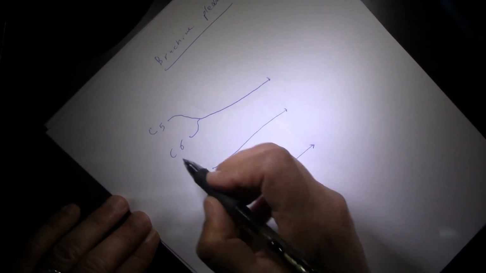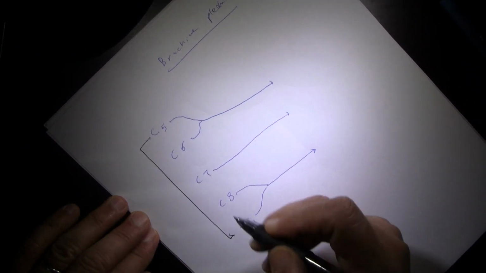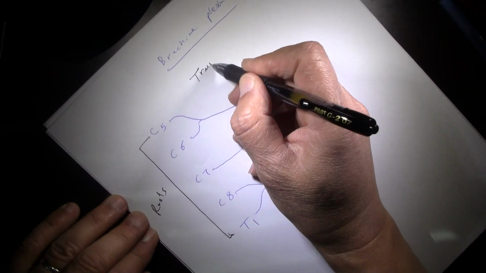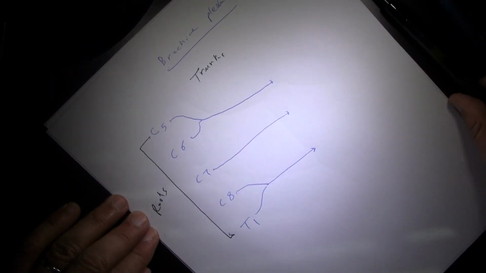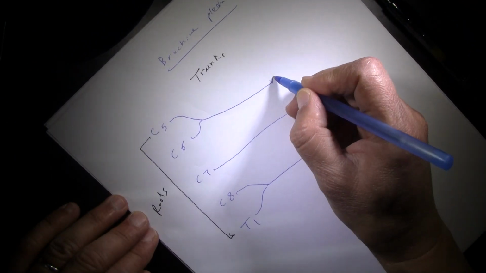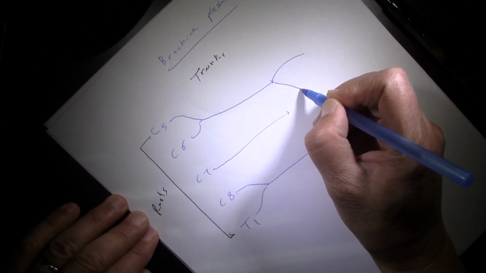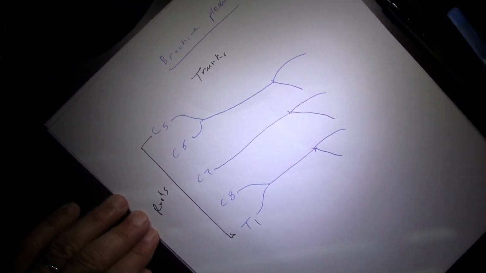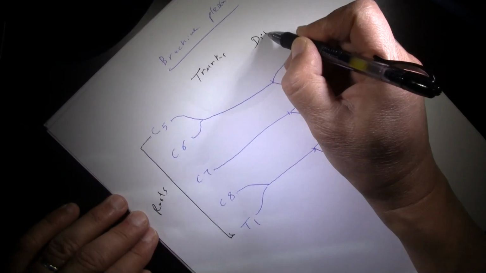Okay, so you have roots, you have trunks, then each trunk divides into an anterior division and a posterior division. So you have divisions.